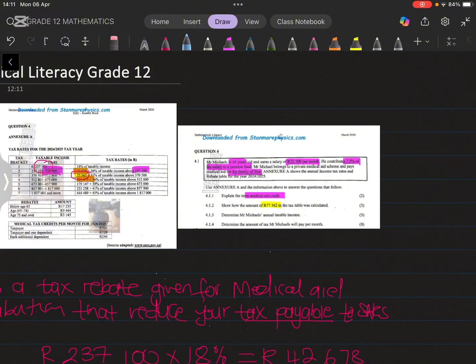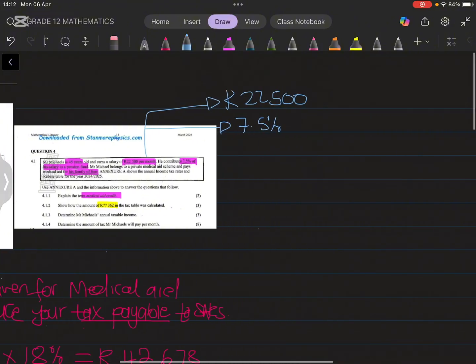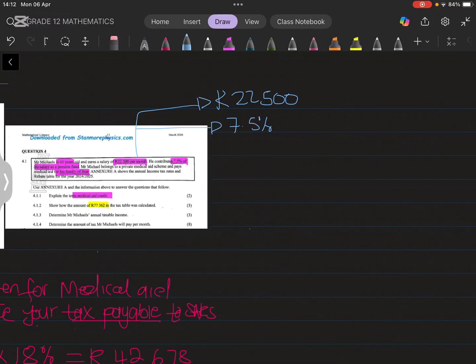So now determine Mr. Mitchell's annual taxable income. Now Mr. Mitchell earns an amount of money which is 22,500, and then based on this amount of money he contributes 7.5% towards his pension fund, and the pension fund is not subject to tax, meaning it is not taxable.